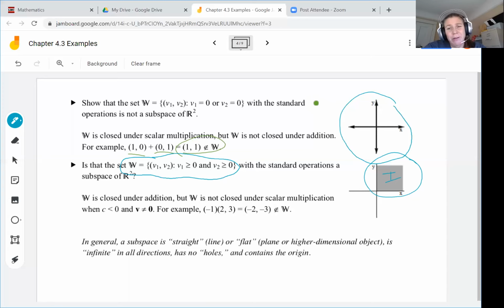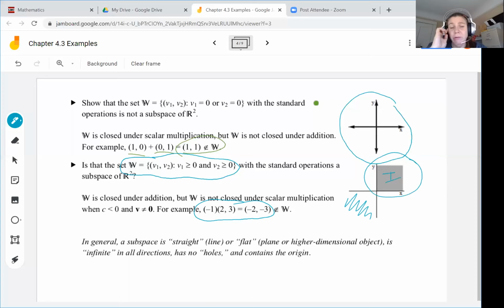But it's not going to be closed under scalar multiplication, because imagine if you multiply by a negative scalar. So if our scalar C is less than 0 and V is not 0, then you're going to end up in a different quadrant visually. So for example, if you've got -1 times the ordered pair 2, 3, then you get -2 and -3, which would be over here in quadrant 3, which is not in our set W.